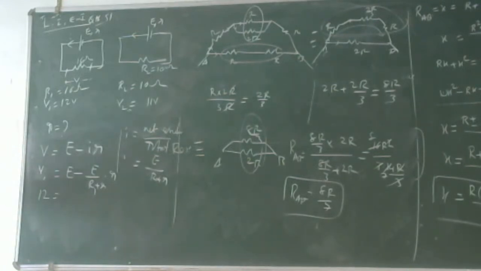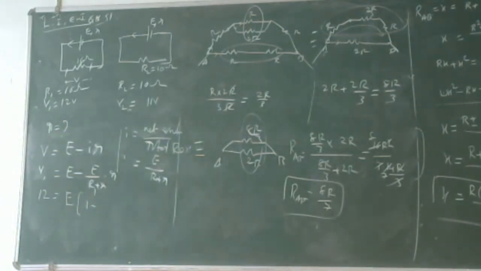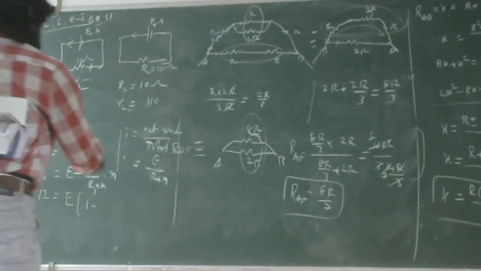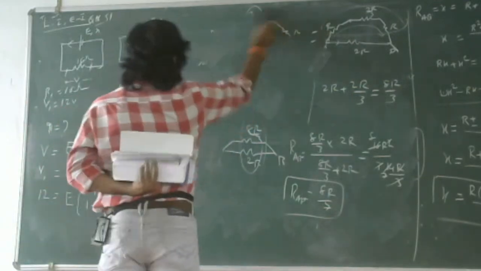E is unknown, r is also unknown, right? Let us write the same for the second circuit also and try to find one, then you can substitute in another. Are you able to understand this? The equations are clumsy. Let me draw a little quickly, neatly.